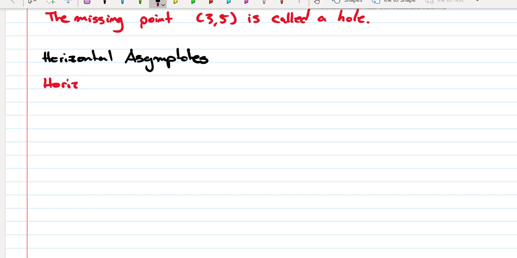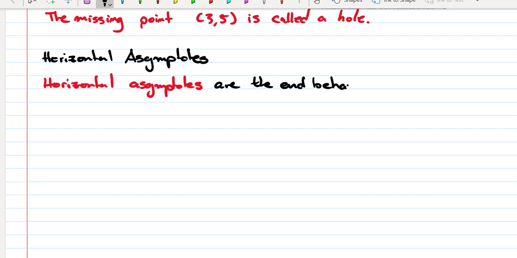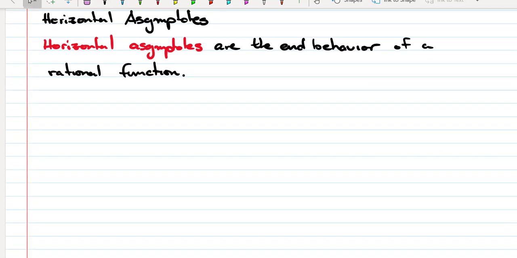Horizontal asymptotes are the end behavior of a rational function. So we have the following for our definition.